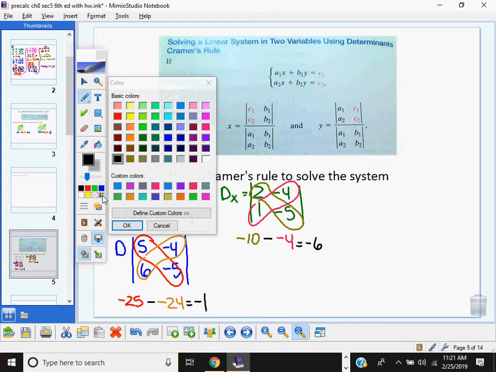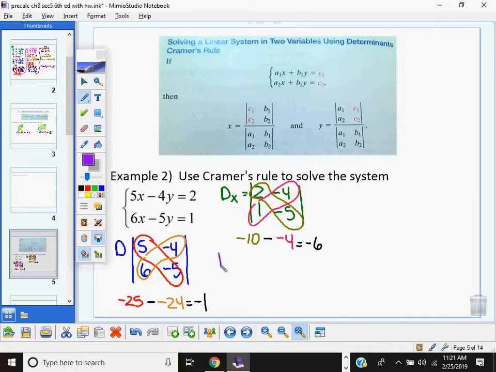Now, -10 minus -4 would give me a -6. Last thing I'm going to do is my y's. So we're going to call this one dy, the determinant for the y's. Okay? So on this one, I leave my first column, the x is the same. So I'm going to have a 5 and a 6. And then I replace my second column with the answers. So I put my 2 and my 1 in for the y's.